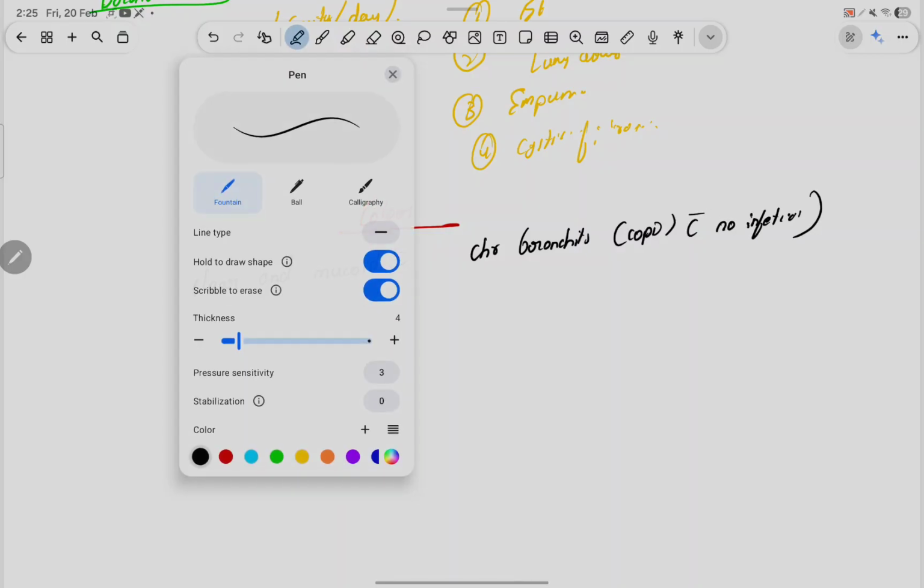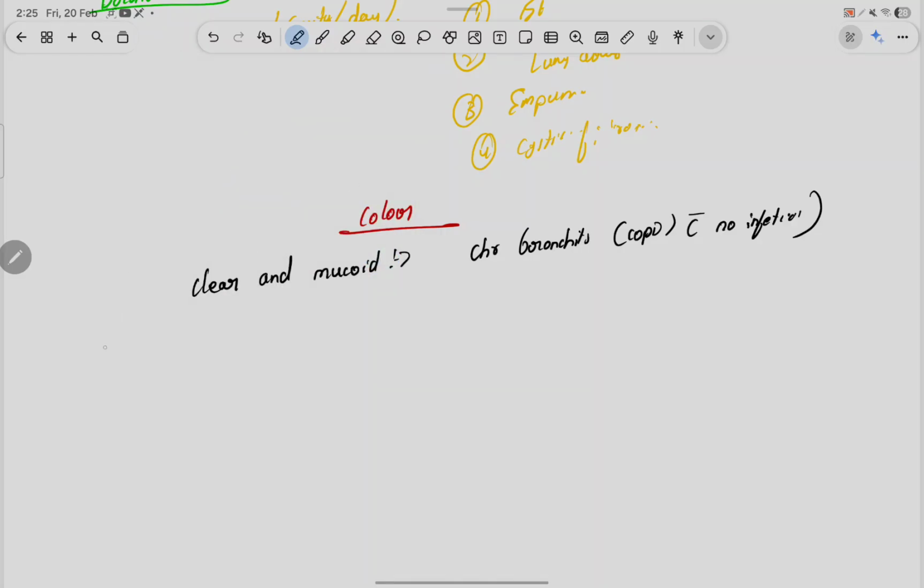If there is an infection, then we could suspect yellow. Yellow means bacterial infection, so remember, bacterial infection, acute lower respiratory tract infection, asthma, eosinophilia.